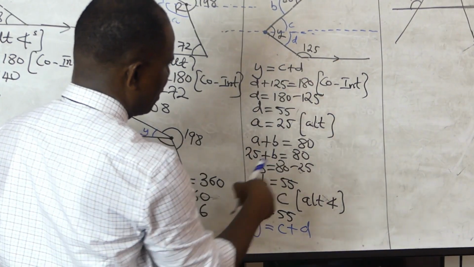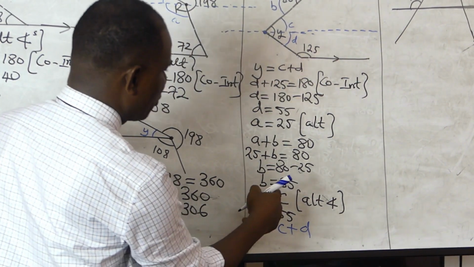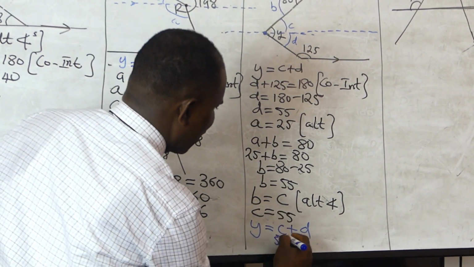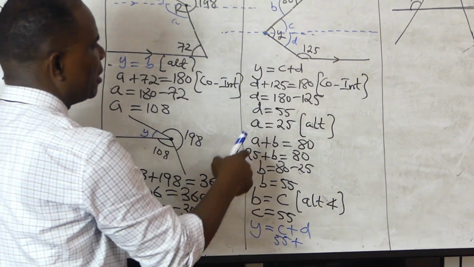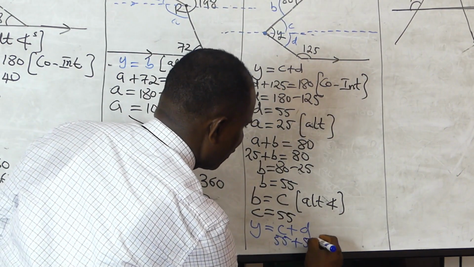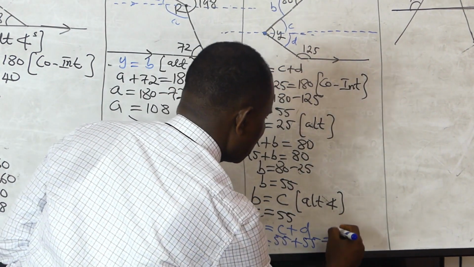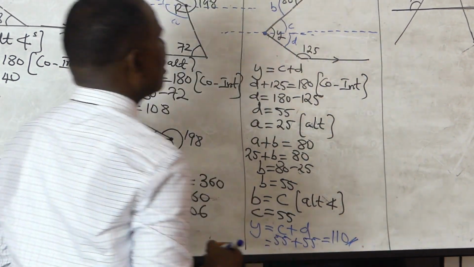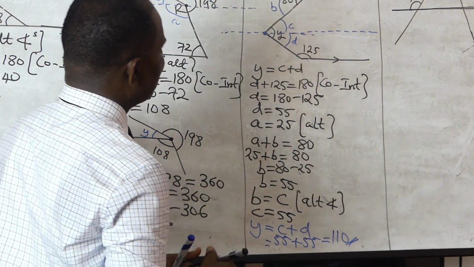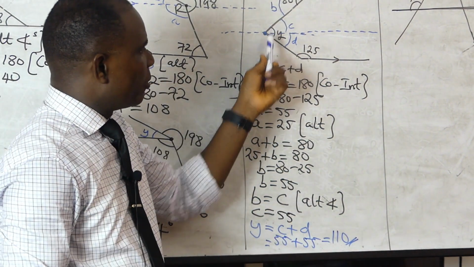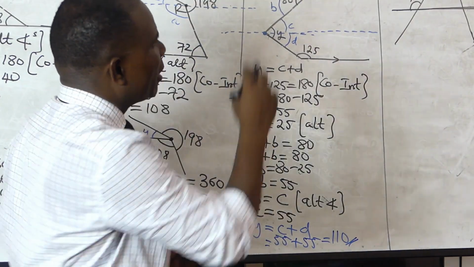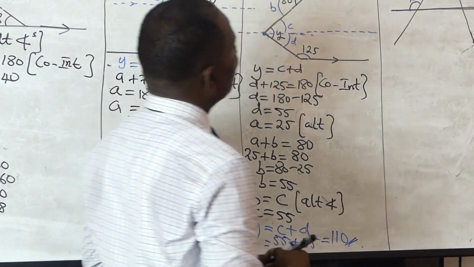We've got C already because C is equal to B. So we now have 55, and we also have D. D is also 55. So we add the two, this will give us 110. It is an obtuse angle, you can see that. So that is the answer for 2011.